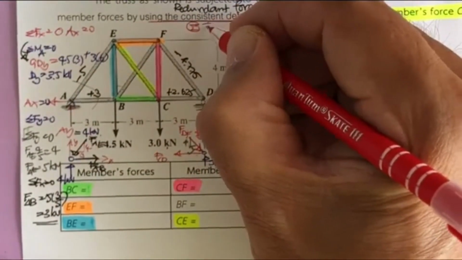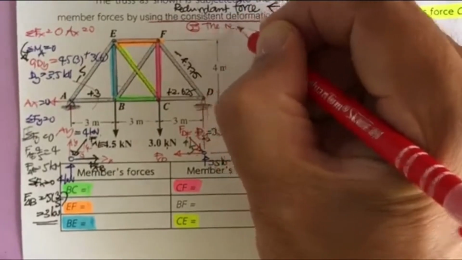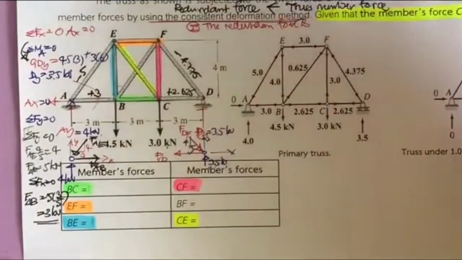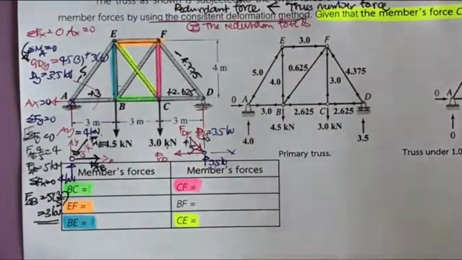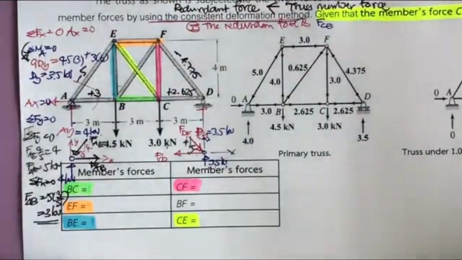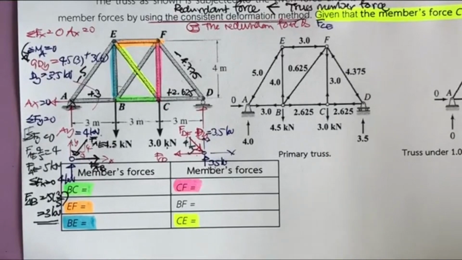Okay, the redundant force is F sub CE, the first step, and the truss.